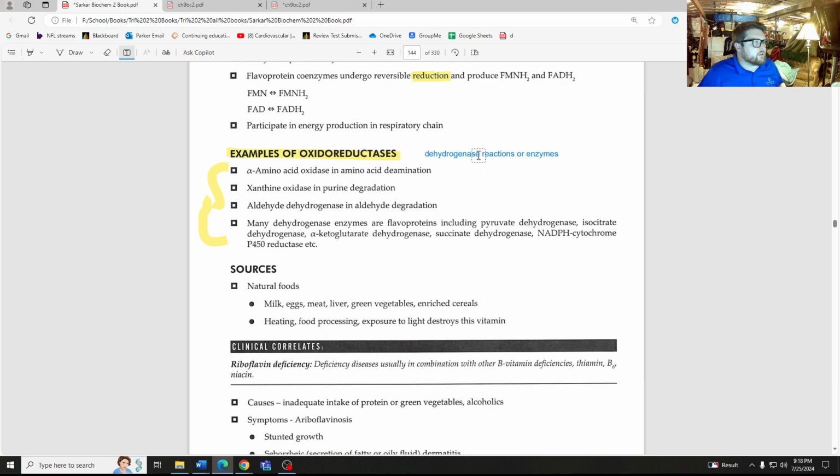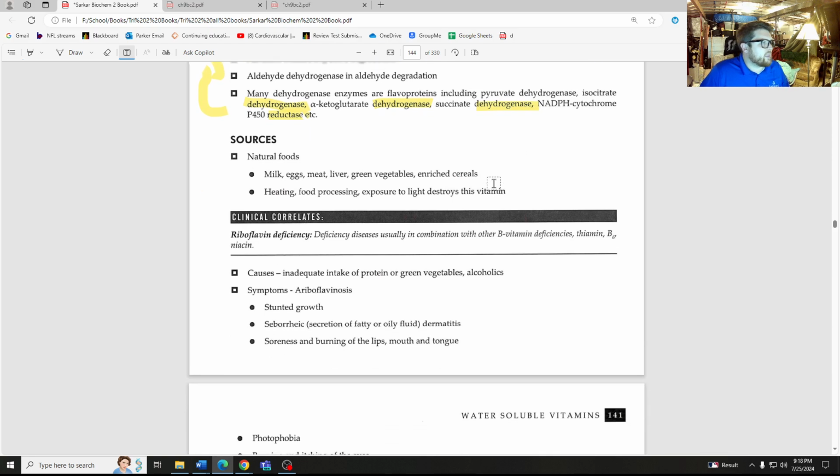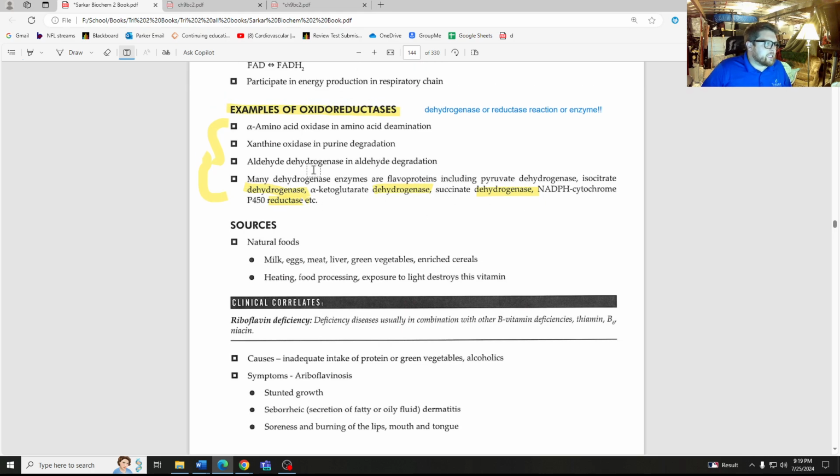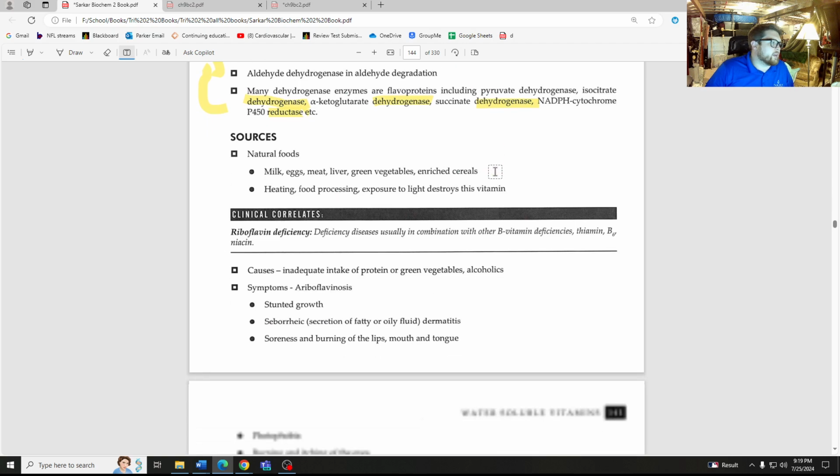So anytime you're trying to figure out what is going on, look for enzymes that are dehydrogenases or reductases. That's what you're going to be looking out for. Don't memorize each of these individual enzymes. Just remember dehydrogenase or reductase.